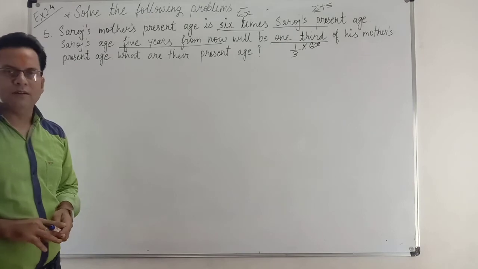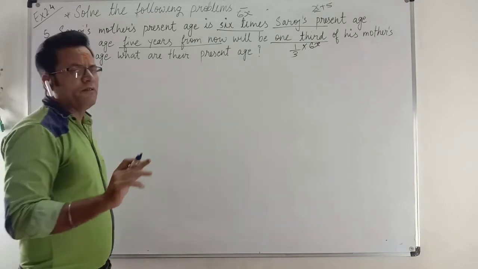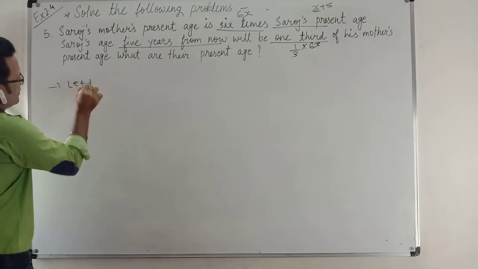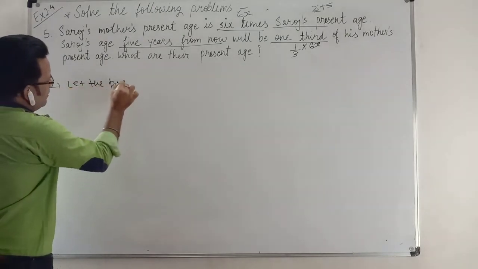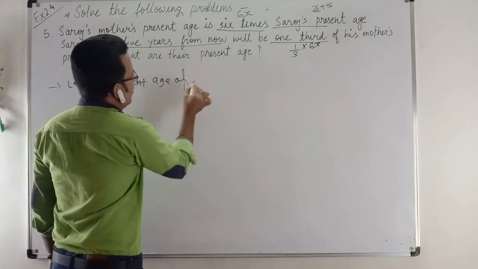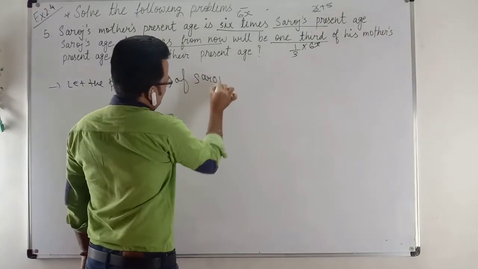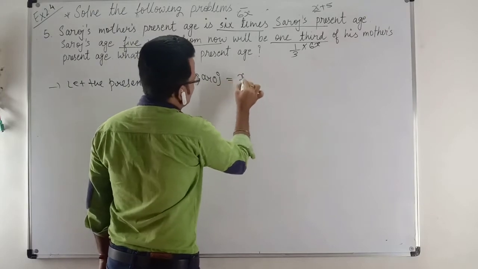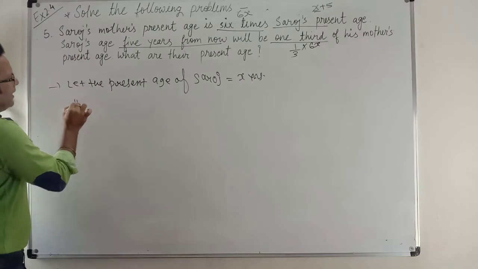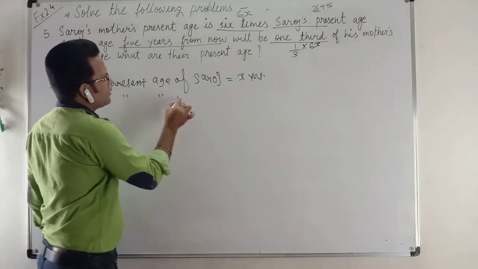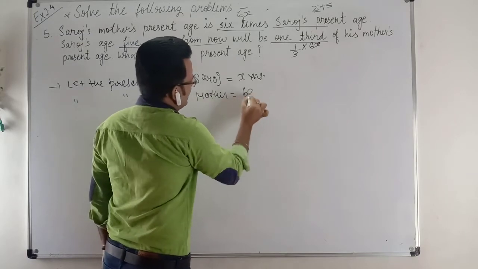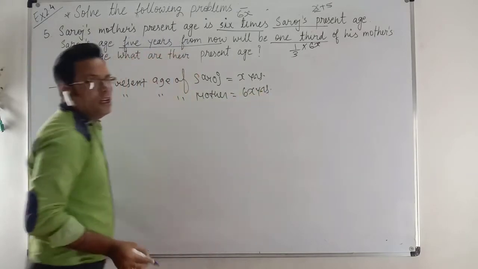First of all, we will be writing here the statement. Let the present age of Saroj be x years. Okay? And let the present age of mother be 6x years.